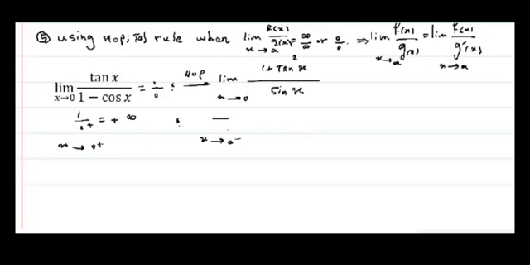So here we have 0 negative, and in the numerator 1 plus 0 is 1, so we get minus infinity. Here we got two different infinities which are not equal to each other, so we don't have a limit for this function. In order to use L'Hopital's rule, as we know, we should have the form of 0 over 0 or infinity over infinity.